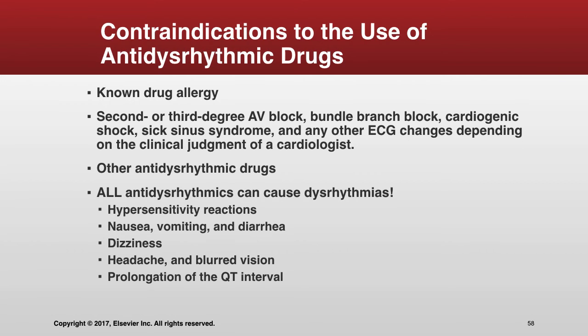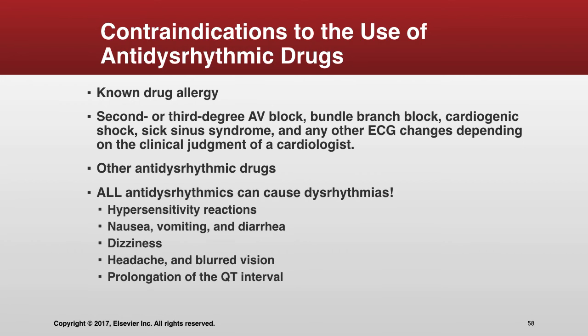So looking back at all of the antidysrhythmic drugs, the contraindications to their use include known drug allergies, second or third degree AV block, bundle branch blocks, cardiogenic shock, sick sinus syndrome, and any other ECG changes depending on the clinical judgment of a cardiologist.